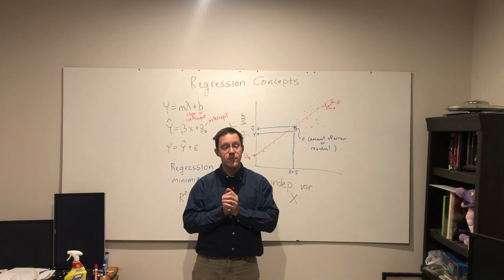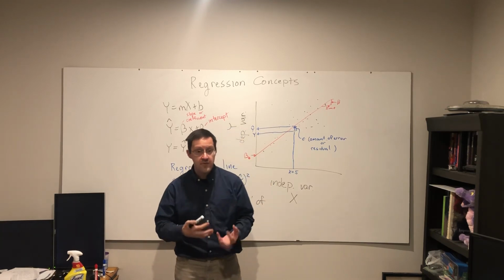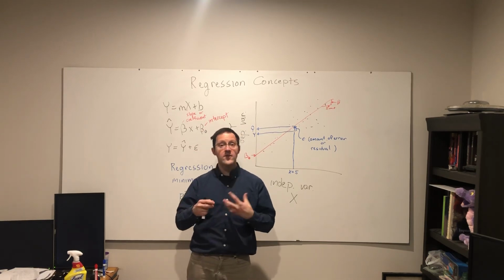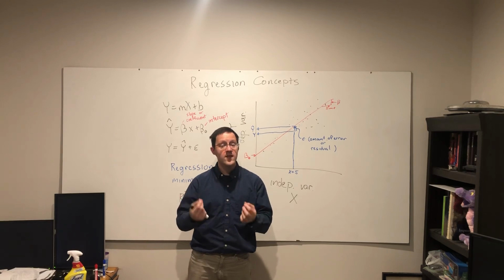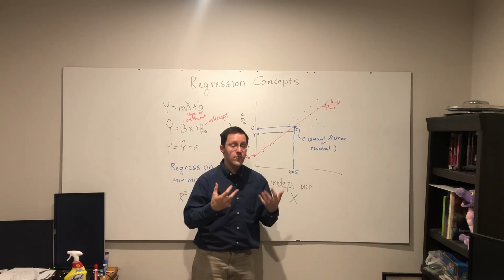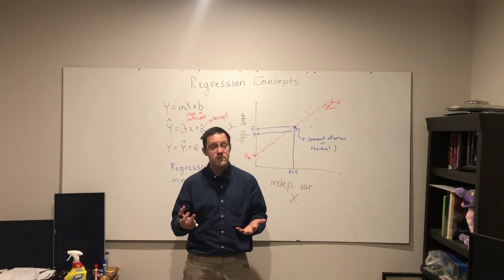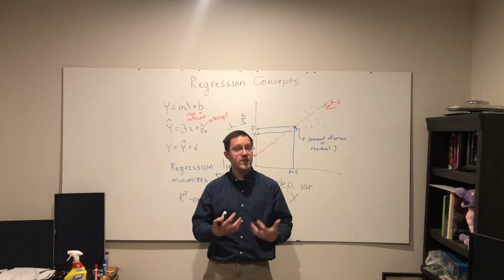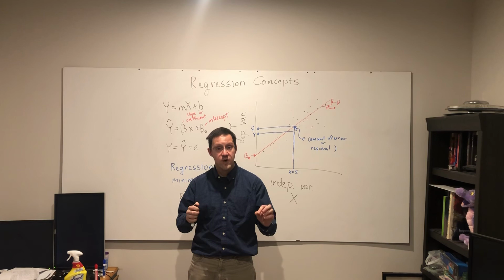So that is the nuts and bolts of a lot of what you will see as output in regression, and some of the things we may look at for deciding whether we have a true relationship or not. As I said, we'll build on this in the next video.